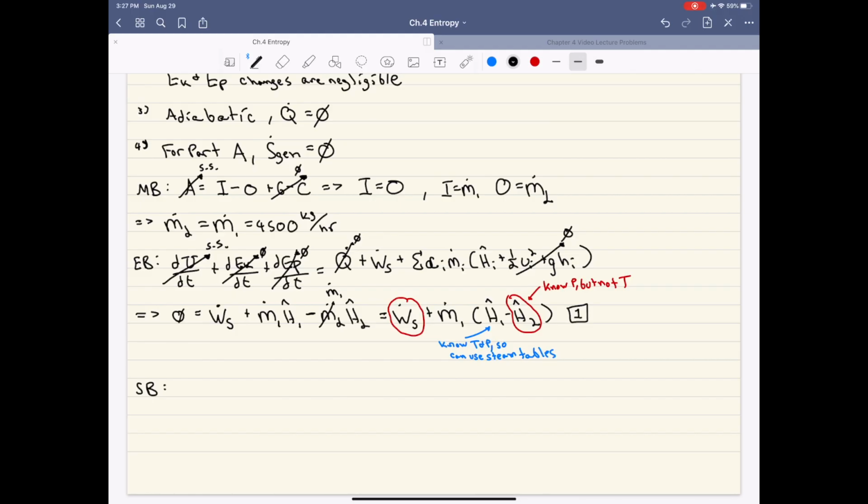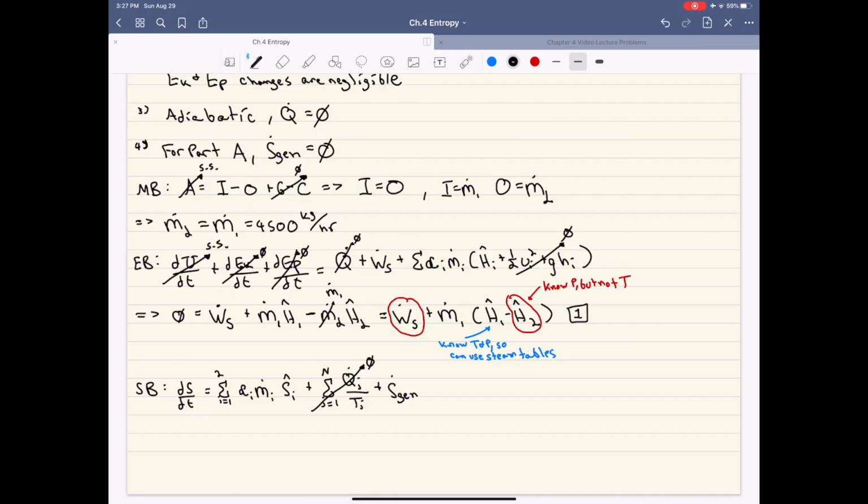And so now let's apply our open system entropy balance. So dS/dt is equal to the summation, i equals 1 to 2, of alpha_i m_i dot s_i hat, plus the summation of whatever heat terms we have, plus S gen dot. Okay? It's adiabatic, so we don't need to worry about heat.